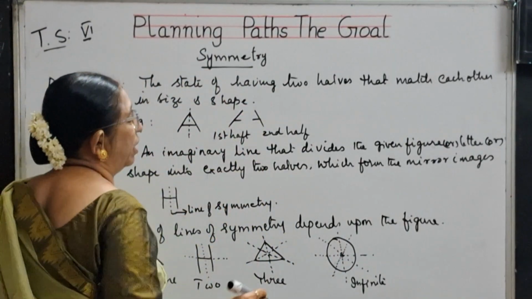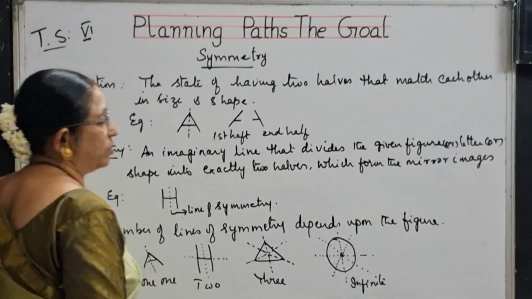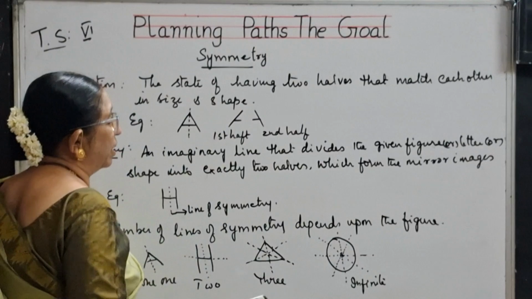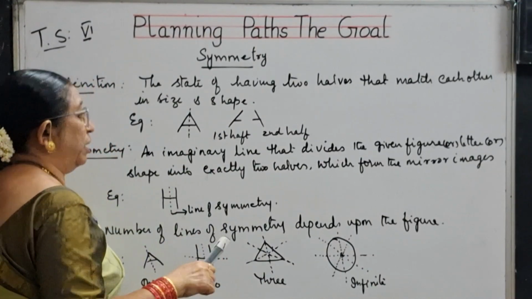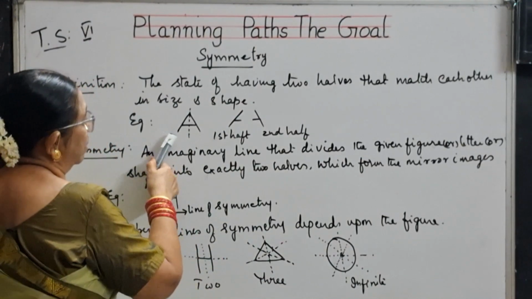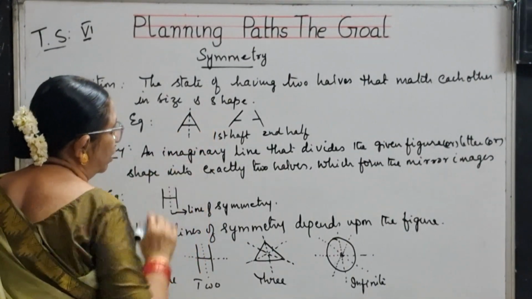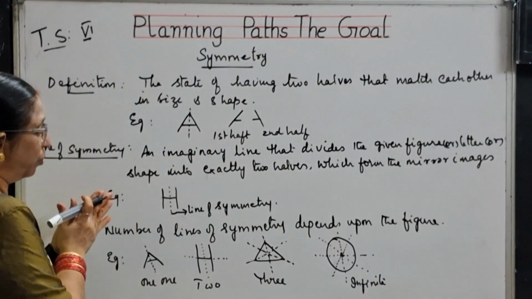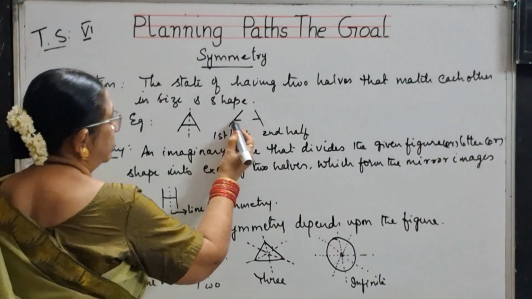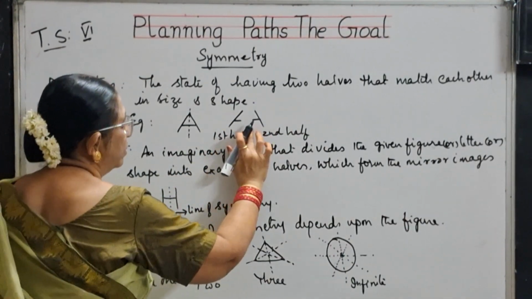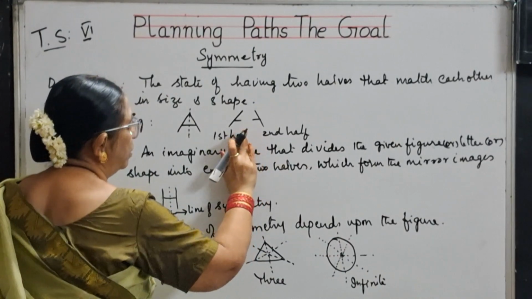The state of having two halves that match each other in shape and size. Size, shape, everything. See, example, I have taken letter A. If I fold it along the dotted line and open it, you will get this.